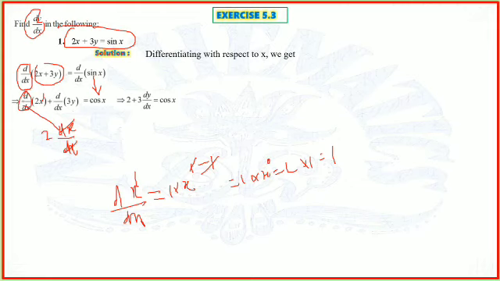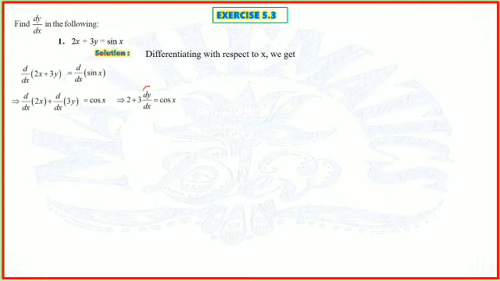So the differentiation of x with respect to x is 1, and then plus this 3 we have taken outside again, and the variable y is remaining as it is, dy upon dx. Now this is the term which we were looking for, because it has been asked in the question to find the value of dy upon dx.